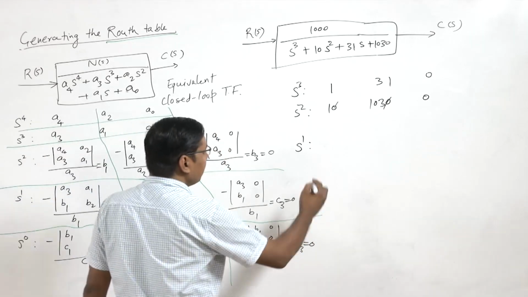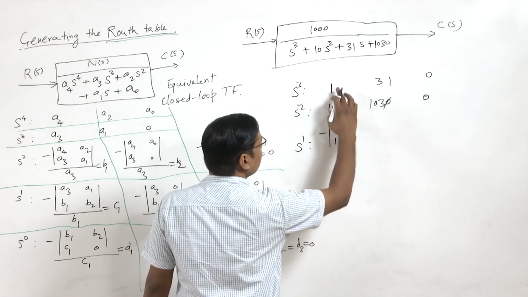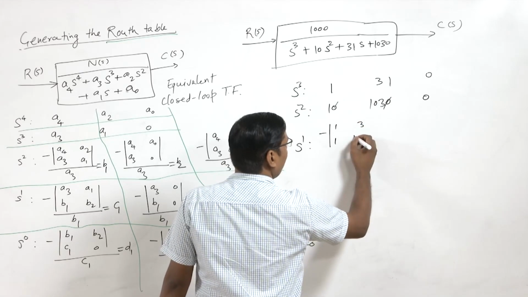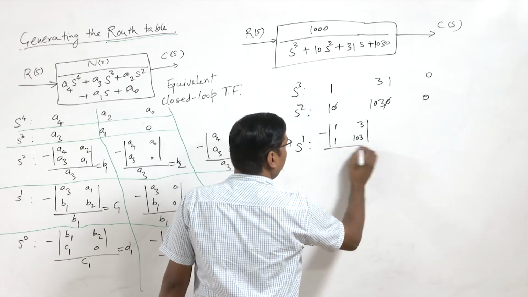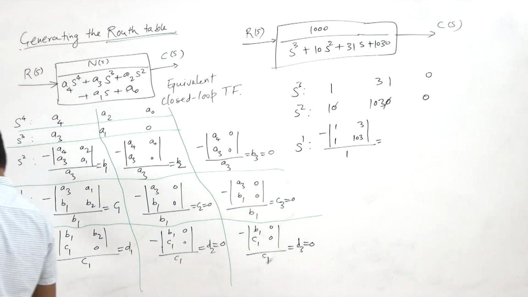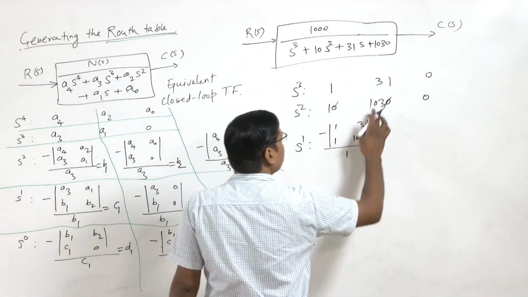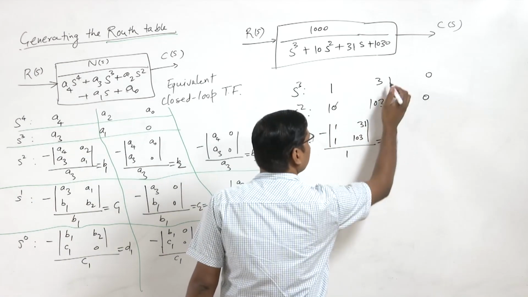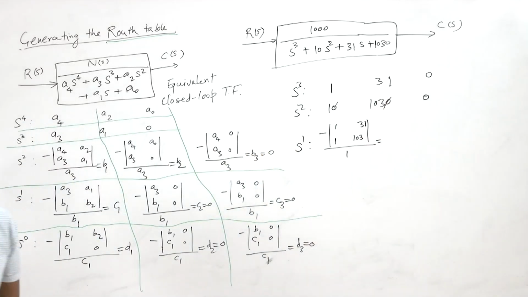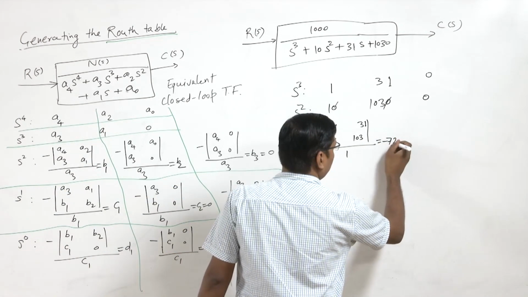Now we create this table. So this element minus this column 1 1 and then the next one 3 103 by 1, sorry, this is 31, and so we will get minus 72 for this element.